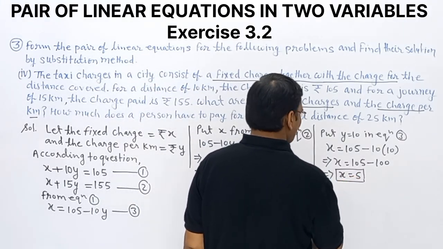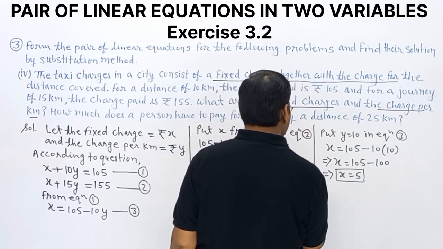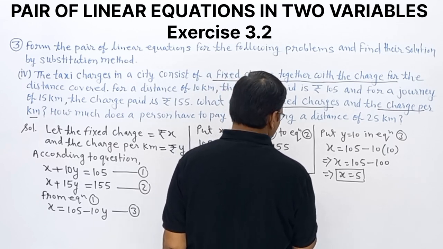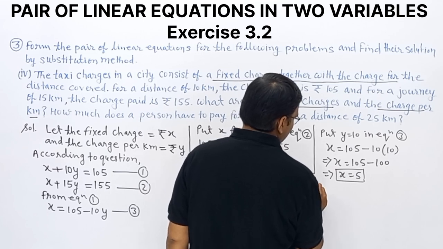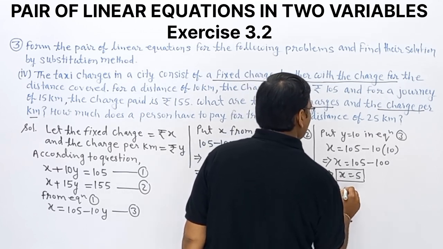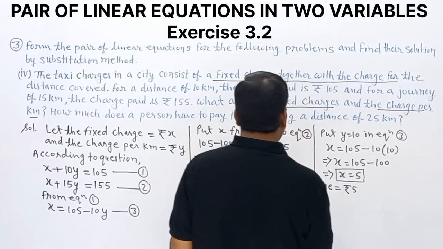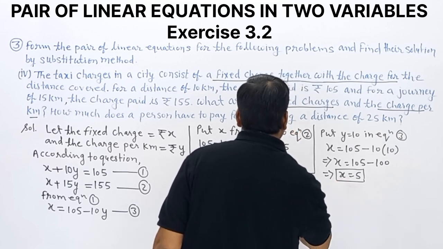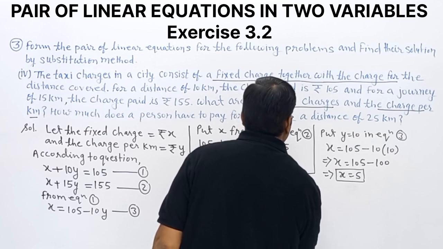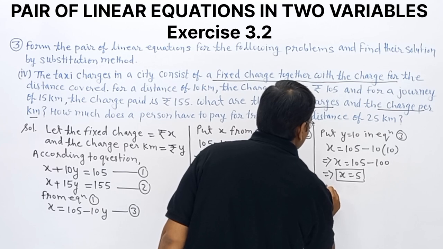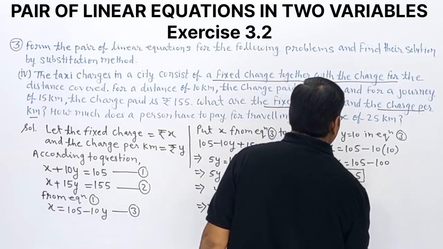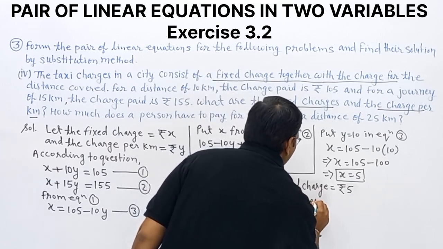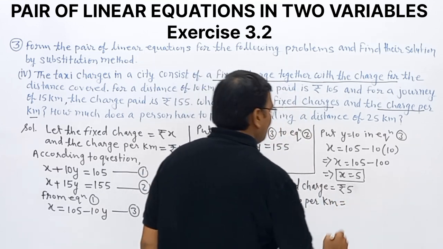So what can we say? We can write it like this: the fixed charge of the taxi equal to rupees 5, and the charge per kilometer equal to rupees 10.